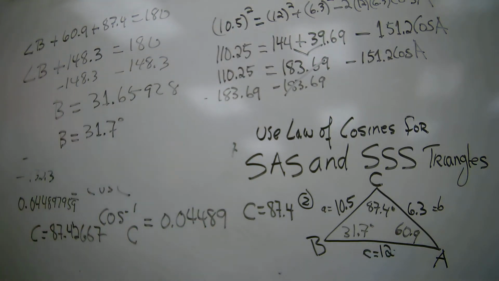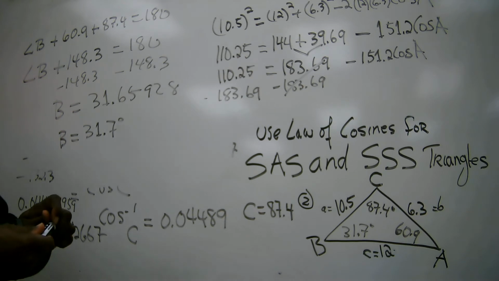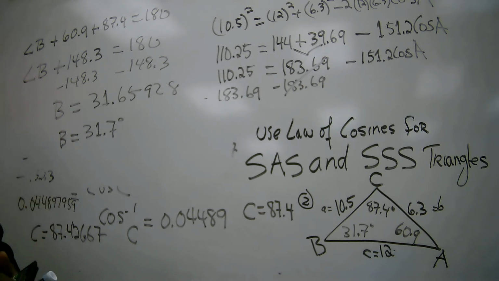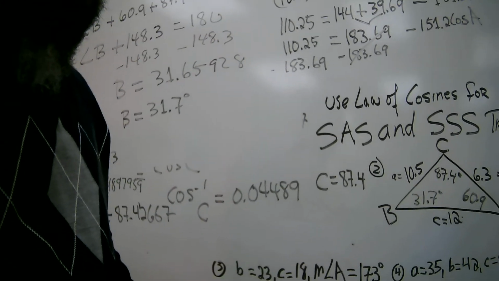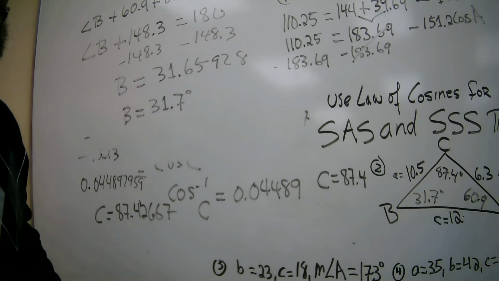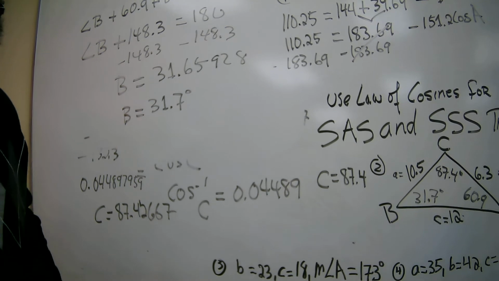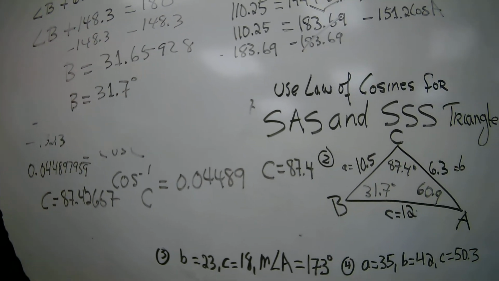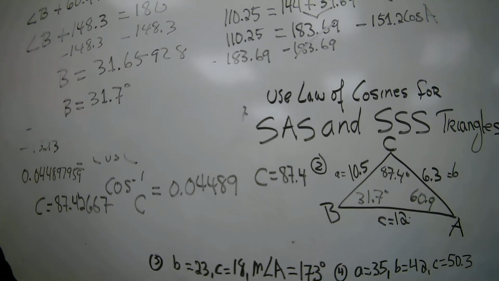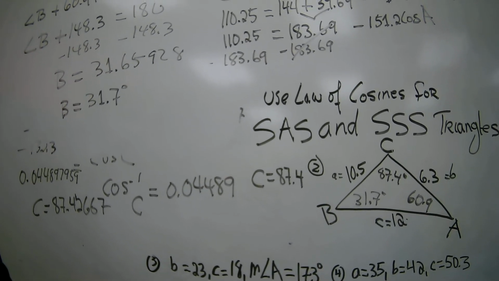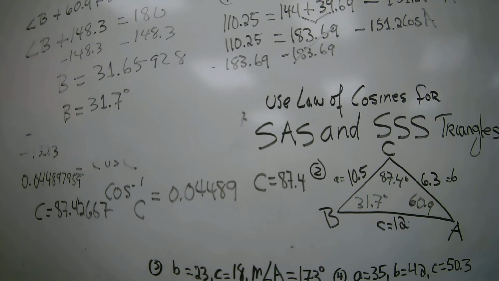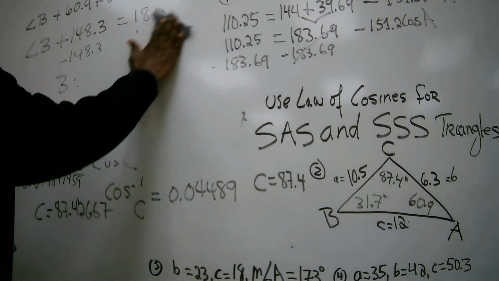So problem number 3. In order to do problem number 3, they are giving you this information. B is 23, C is 18, the measure of angle A is 173 degrees, therefore I'm going to look for side A. Alright, so let's clear some of the information.